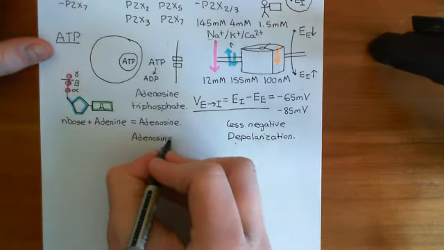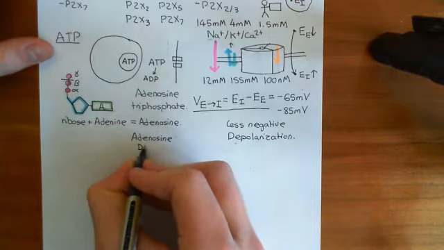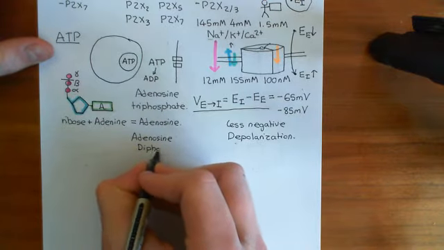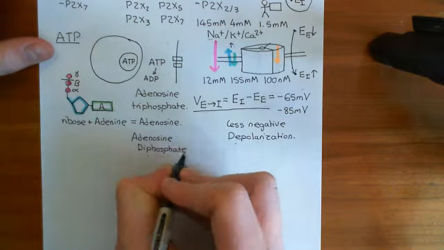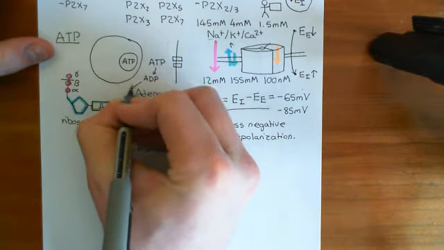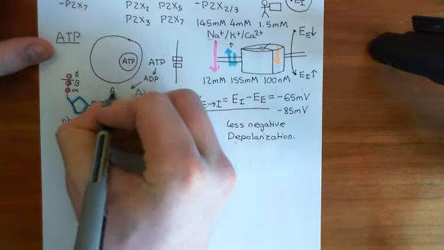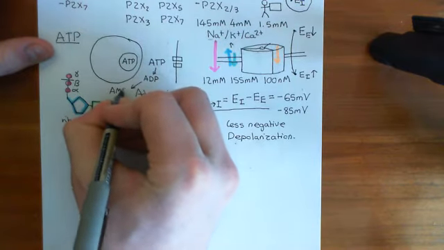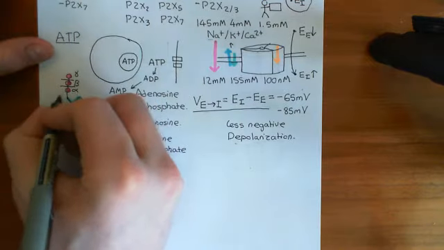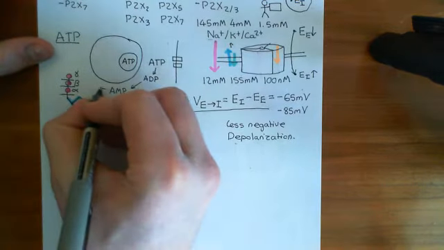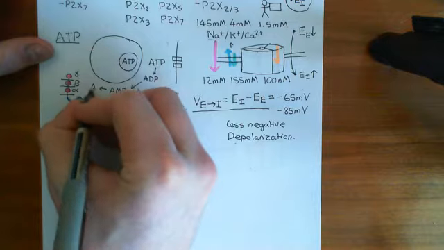But they won't stop there. They will then break off the beta phosphate off the alpha phosphate to leave adenosine with a single phosphate group attached to it, which is adenosine monophosphate. And then finally they'll break off the alpha phosphate from the adenosine monophosphate to just leave adenosine.